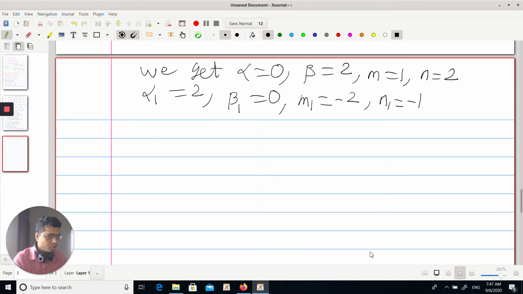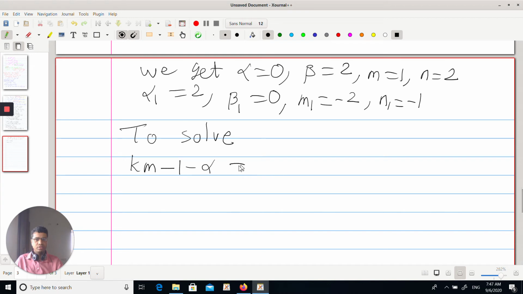Now we have to solve the equations km minus 1 minus alpha equal to k1 m1 minus alpha 1 minus 1, and the second equation is kn minus 1 minus beta equal to k1 n1 minus 1 minus beta 1.